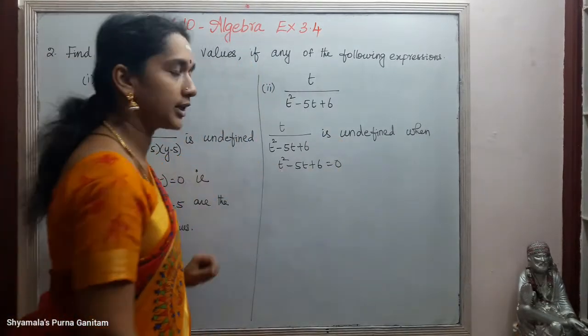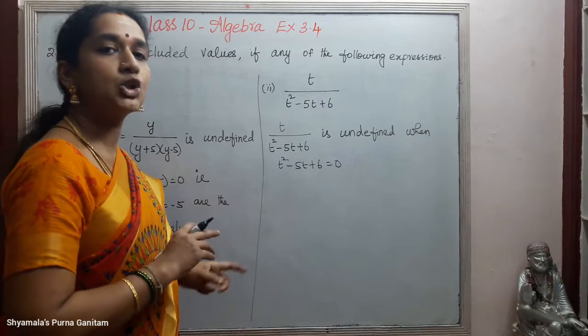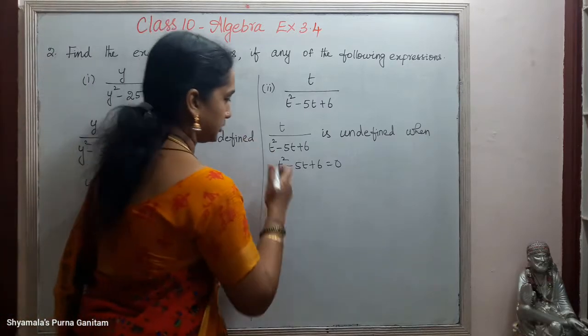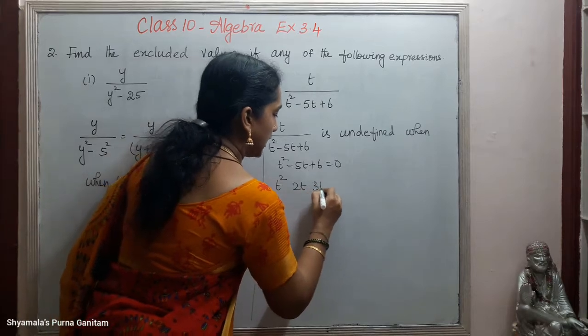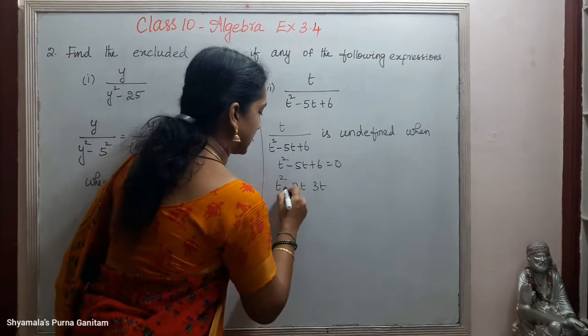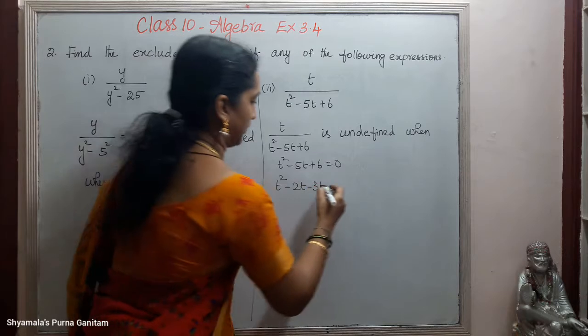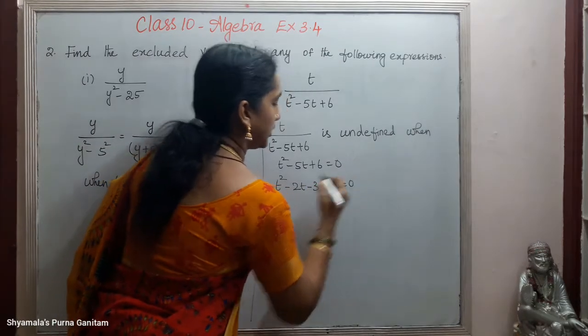Here this is a quadratic equation, so we take 3 and 2. When we multiply 3 and 2 we get 6, and when we add we get 5. So t squared minus 2t minus 3t plus 6 is equal to 0.